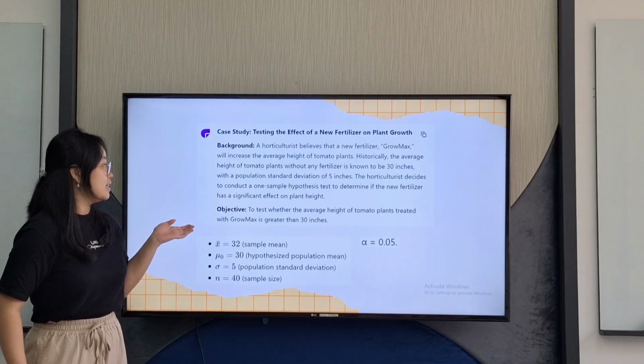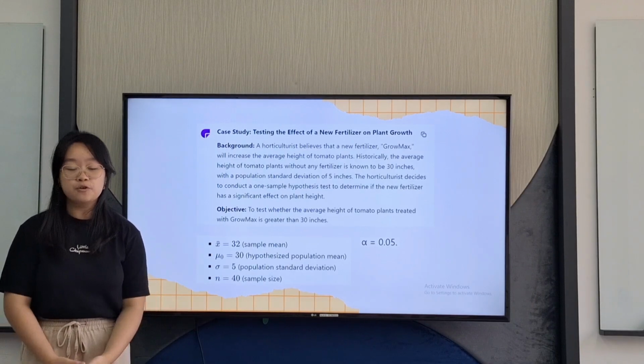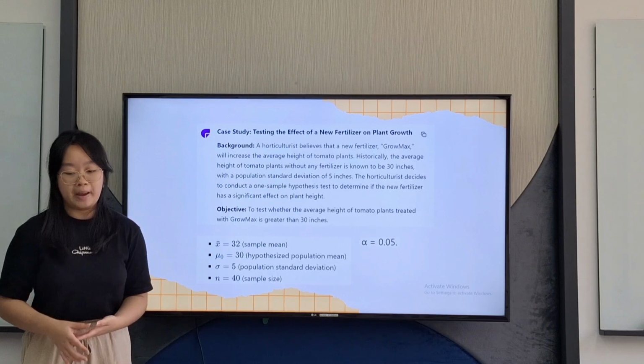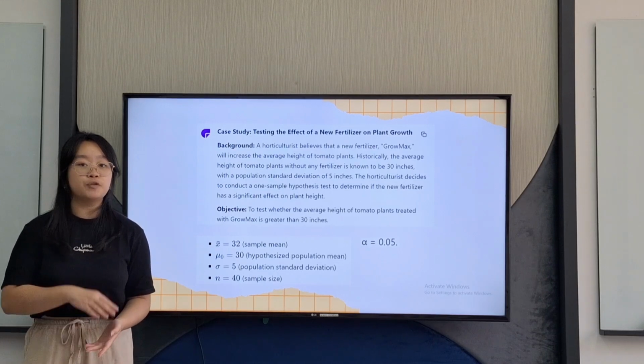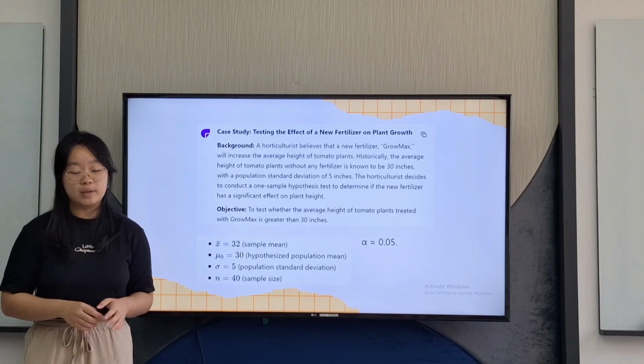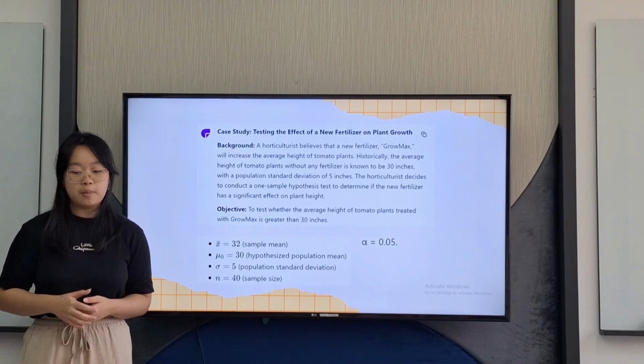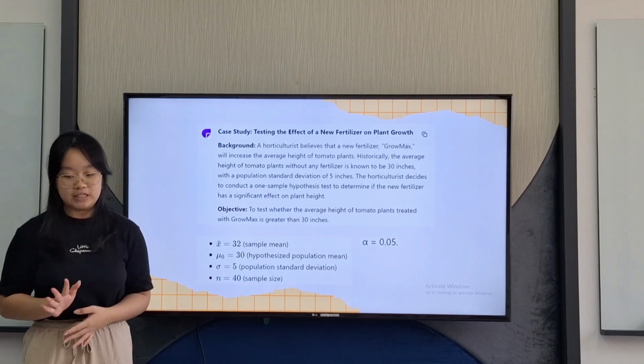The case study is about a horticulturist that believes that a new fertilizer called GrowMax will increase the average height of tomato plants. Historically, the average height of tomato plants without any fertilizer is known to be 30 inches, with a population standard deviation of 5 inches.